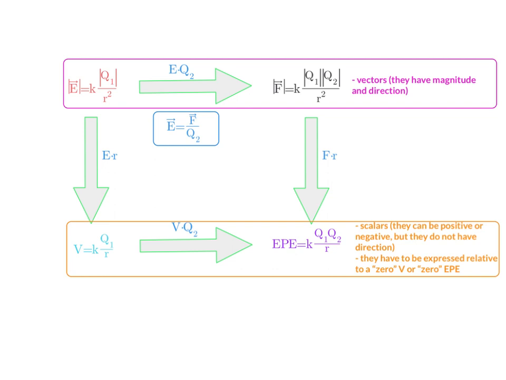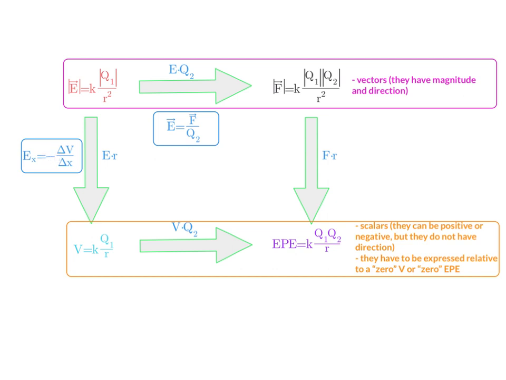Now, I went with my arrow to the right. If I go with my arrow to the left, then I have the electric field being equal to the force divided by a test charge. So this gives me the electric field of charge Q1. If I go backwards from the potential to the electric field, then the electric field is the change in potential divided by delta X with a negative sign.